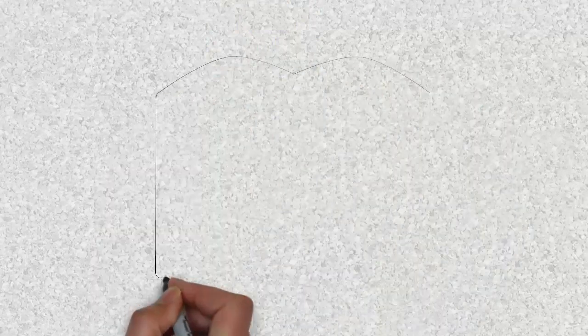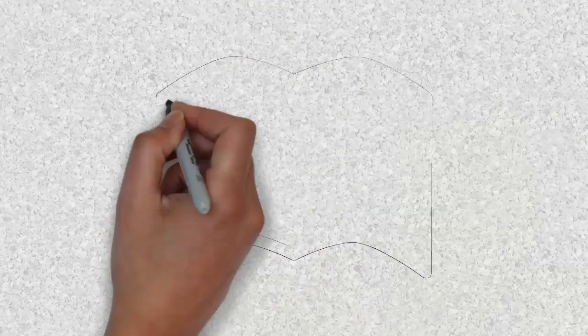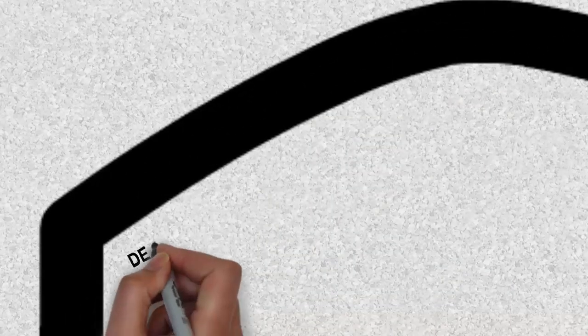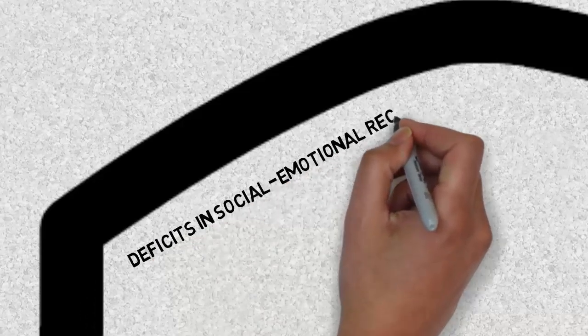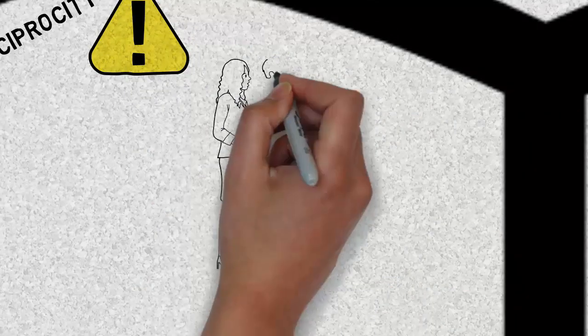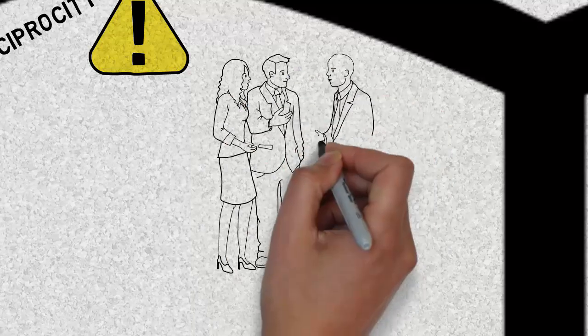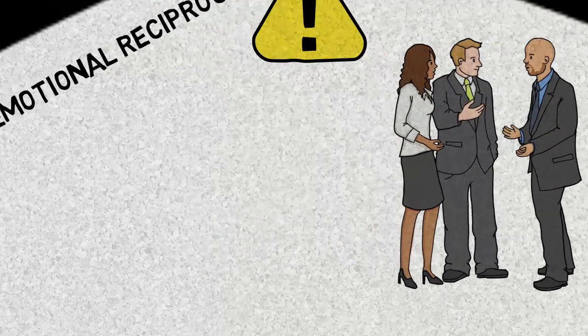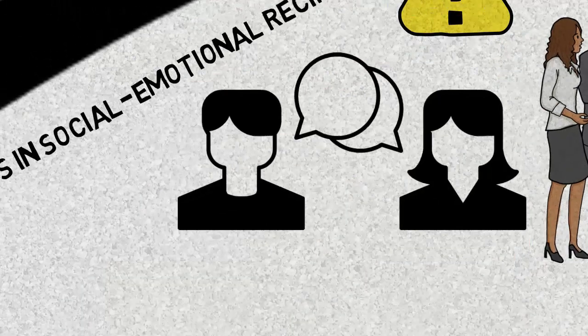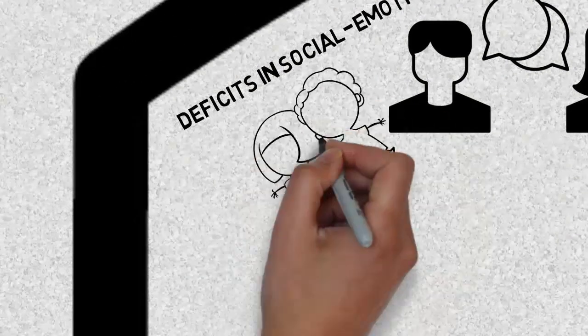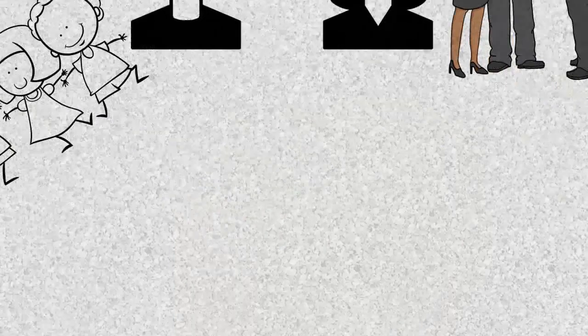According to the DSM-5 criteria, a person with autism spectrum disorder always has deficits in social emotional reciprocity. They show an abnormal social approach, and abnormal back and forth conversation with others. They are always reluctant to share.